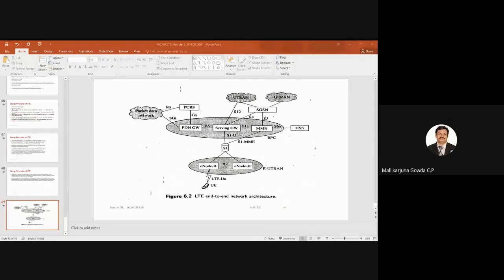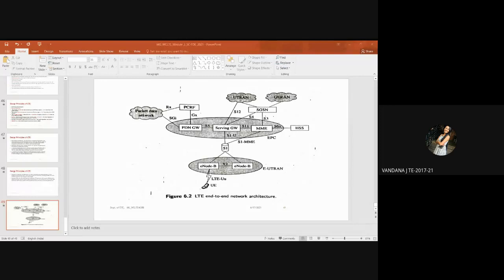Yes, next Vandana. Can you say anything about any of these network elements, whatever is shown here? E node B, sir. Yeah, what is its function, E node B?